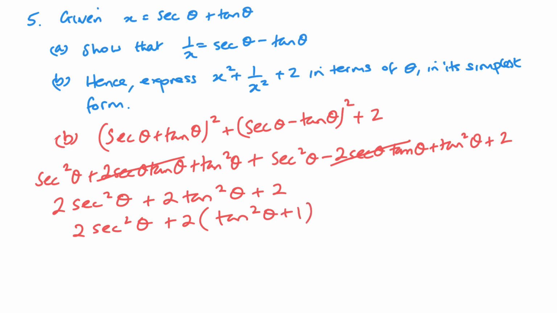Tan squared theta plus 1 is sec squared, so that's 2 sec squared theta plus 2 sec squared theta, so we've got 4 sec squared theta. And that's the best way. Obviously we could have turned the sec squared into tan squared, which would have given us 4 tan squared plus 4, but that's probably not the simplest form.